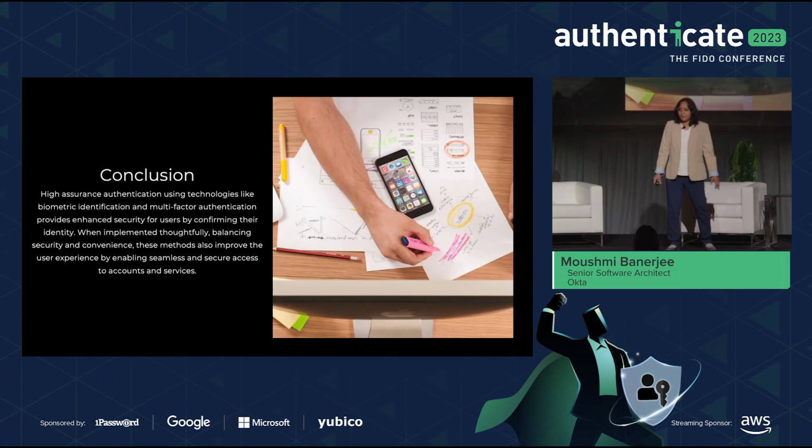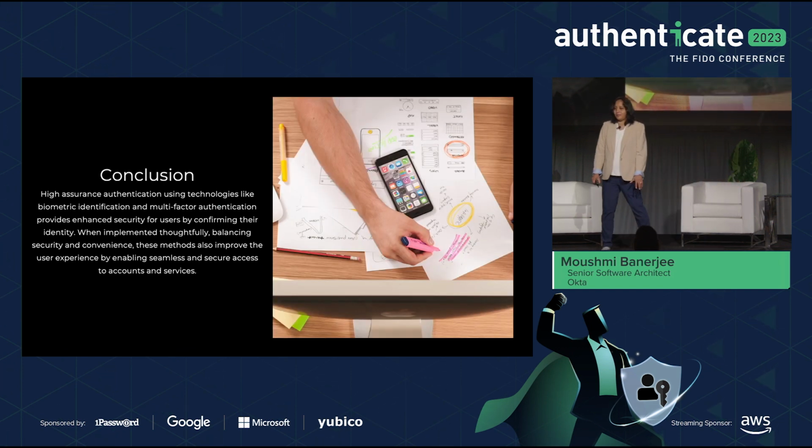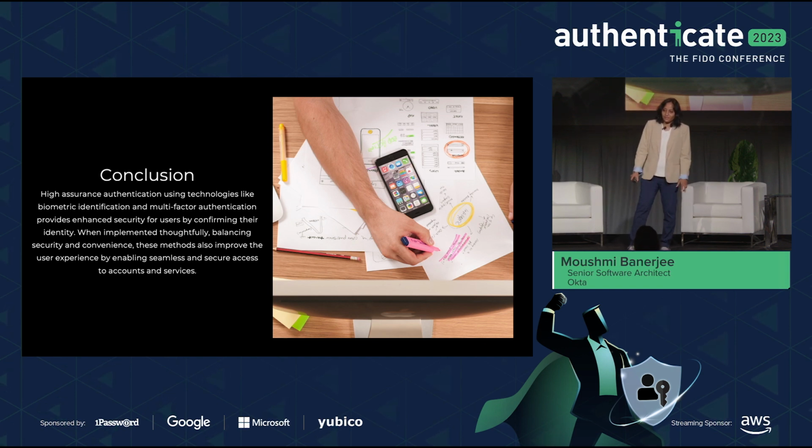So let me conclude. What did we learn today? FIDO standards, passkeys, NIST assurance levels, and how they align together. How do we improve the user experience, and how implementing this high-level authentication actually improves your user experience.